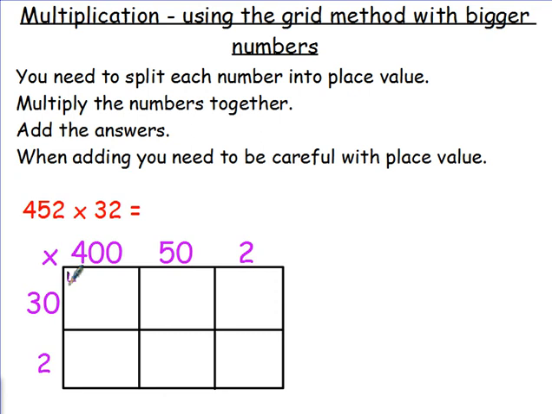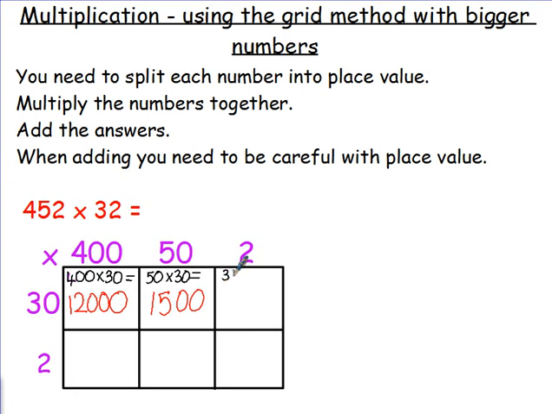So we've got 400 times 30. So that equals 12,000. My next box, I'm doing 50 times 30 because that's where they meet. And my answer to that is 1,500.